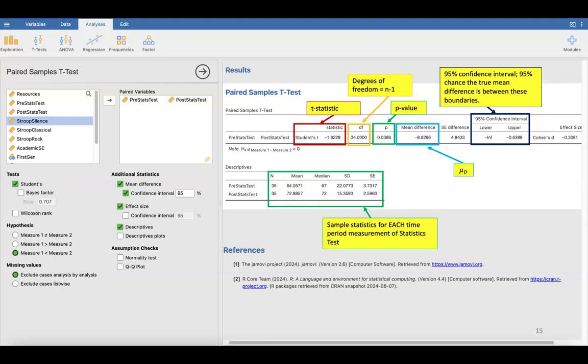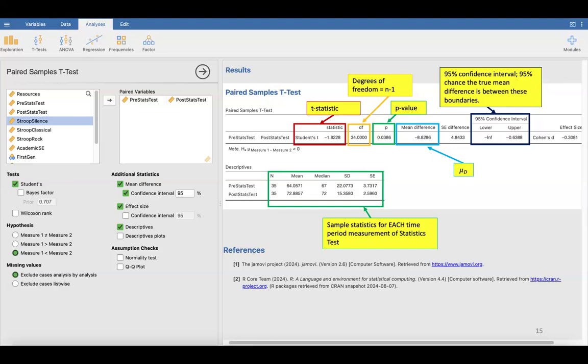The confidence interval tells us likely values maybe fall between here if we're looking at real differences. And so you can see that the lower part of it is this negative infinity. That just means that it's the lowest difference possible. And then the upper boundary is only 0.64. So it's telling us that a likely value of the true difference is less than a point on a statistics test. So that tells us maybe it's statistically significant, but do we really care? Probably not. I mean, it depends on how much effort this meme intervention is, right?